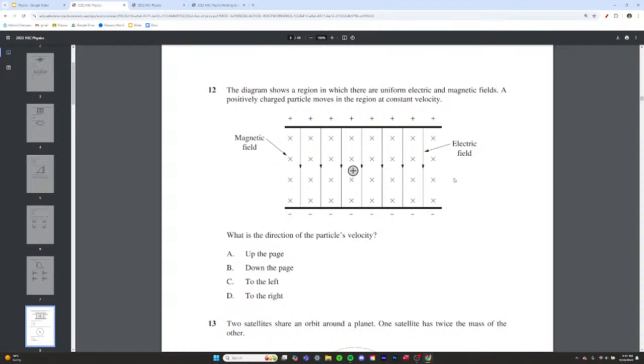Moves in the region at a constant velocity. What is the direction of the particle's velocity? To the left, to the right, up, or down the page? Alright, so the field is going down. It wants to move down due to the electric field.